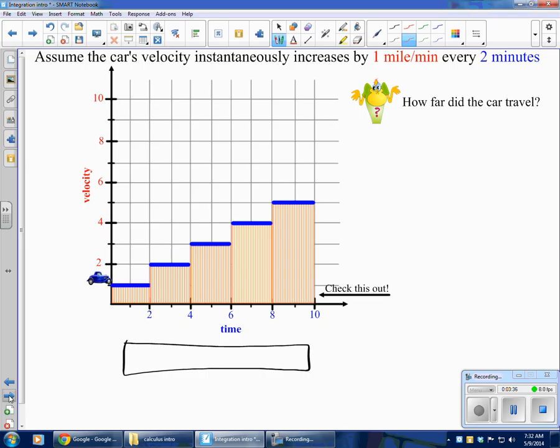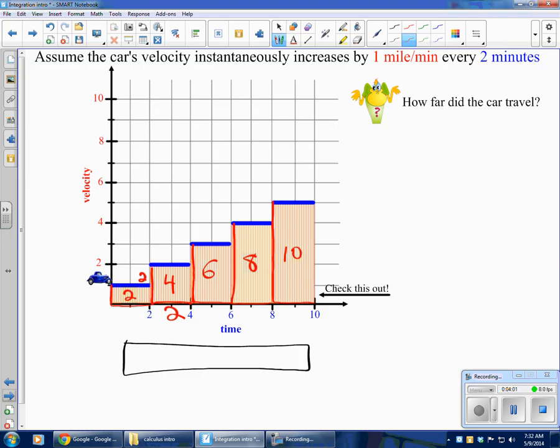So, if we just find the area of each one of these, this is 2 by 1, so that's 2. The next one's going to be 2 by 2, so 4, 2 by 3, 6, 2 by 4, 8, 2 by 5, 10.